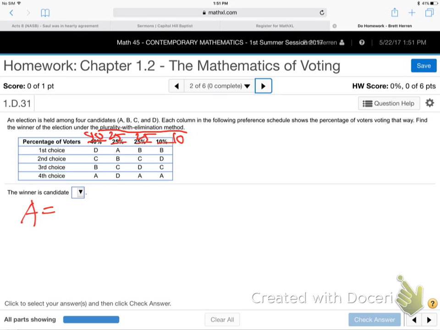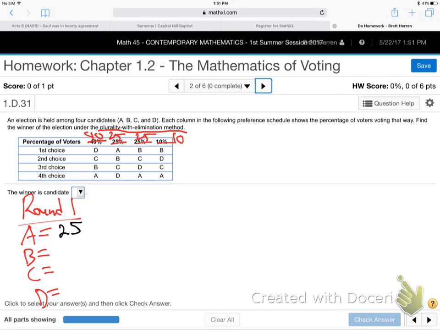Candidate A, this will be round 1. So how many like A best?